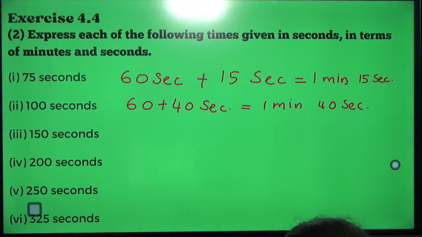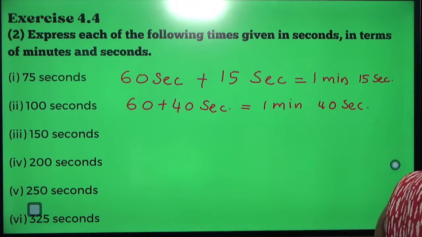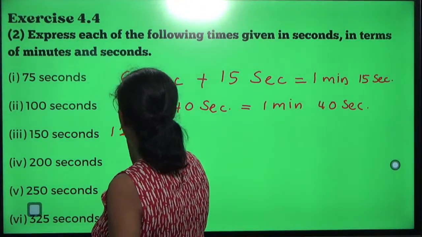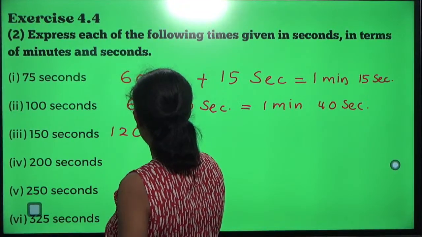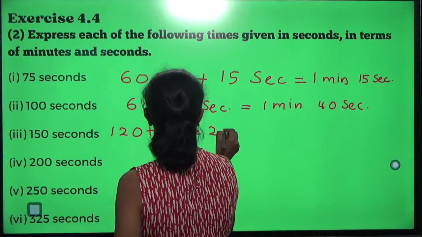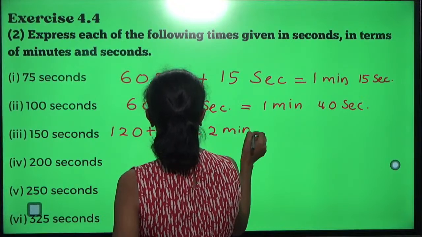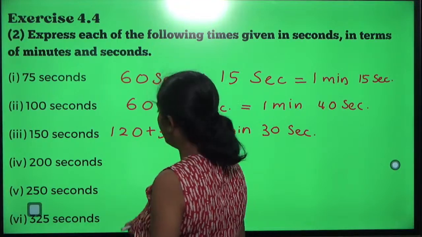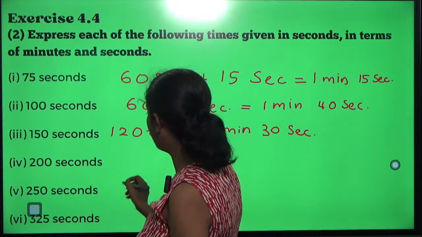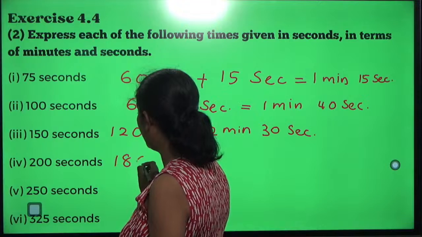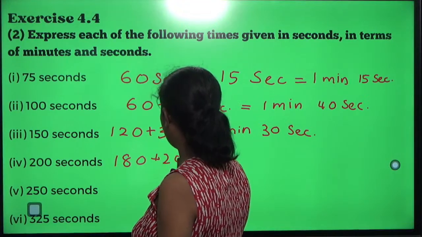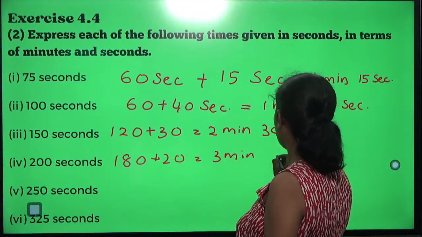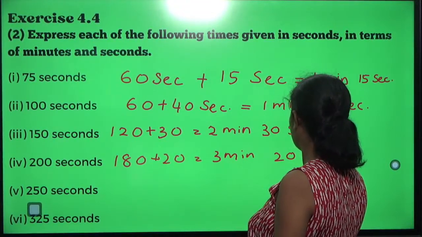Right, have you finished? This one we can write 120 plus 30, that means 2 minutes and 30 seconds. Next one, 200 seconds, so I can write 120 plus 20, 3 minutes and 20 seconds.